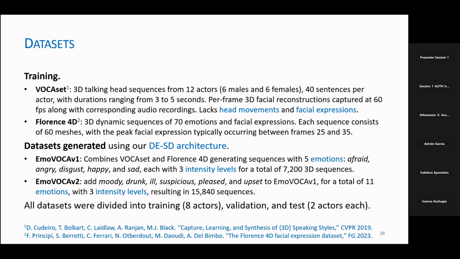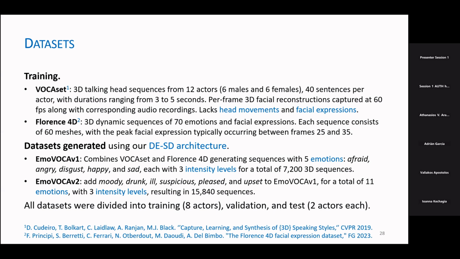And so here we present some results, quantitative and qualitative. So the idea is that we trained with these two datasets, as I just mentioned. One dataset, which is the VOCA set, includes talking heads, and the other dataset, which is the Florence 4D, includes a lot of 3D dynamic sequences with emotions.